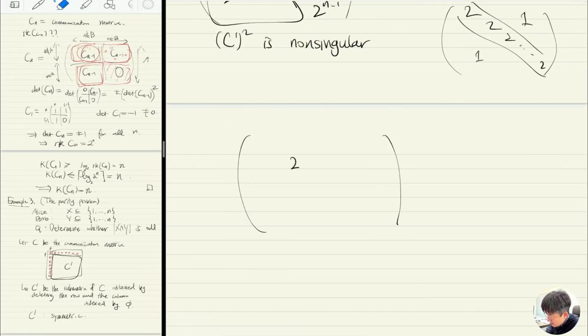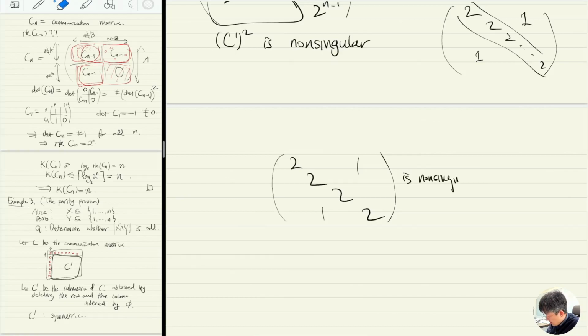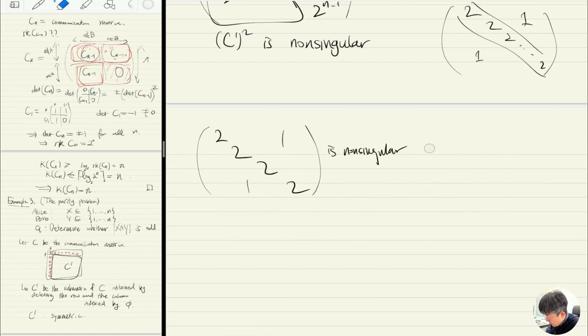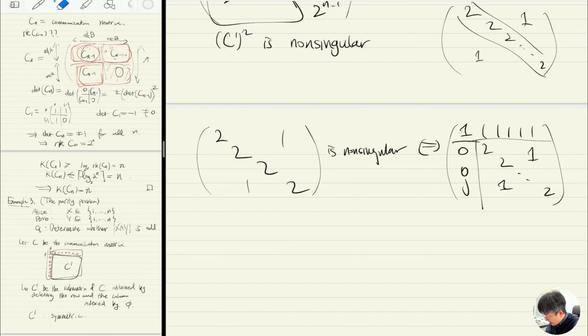Well, one way to see it is this: this is non-singular if and only if, now it's becoming a simple linear algebra exercise, I attach a new matrix.